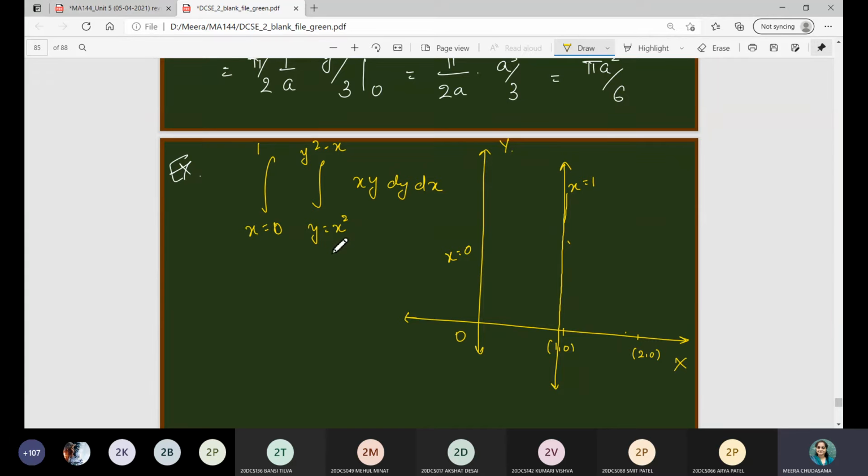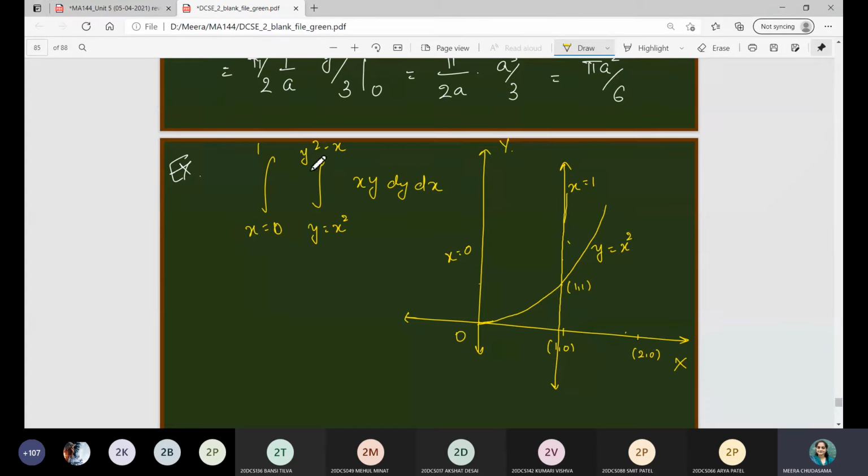So it is symmetric about which axis? Y-axis. And since we are concerned about the first quadrant, let me draw it first. When x is equal to 1, corresponding y value is also 1. So wherever it will touch the x-axis, I will draw this particular line as this point will be 1 comma 1. And this is y is equal to x square.